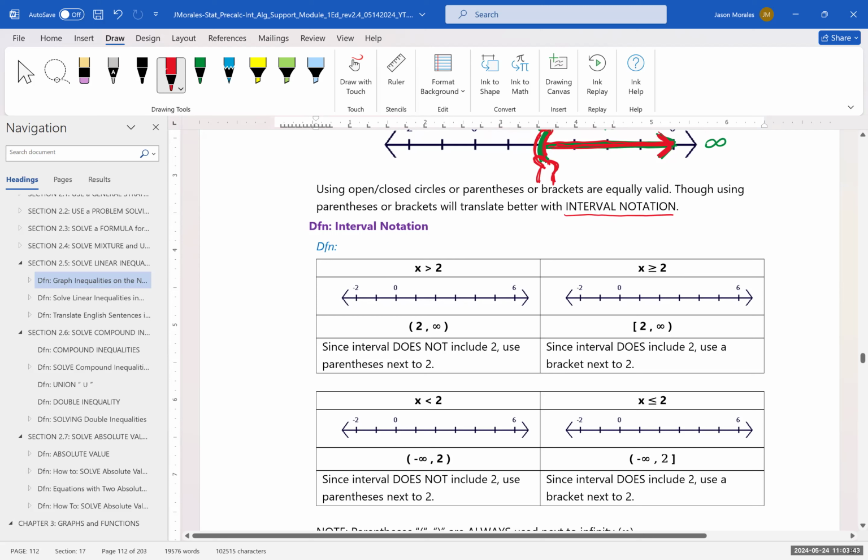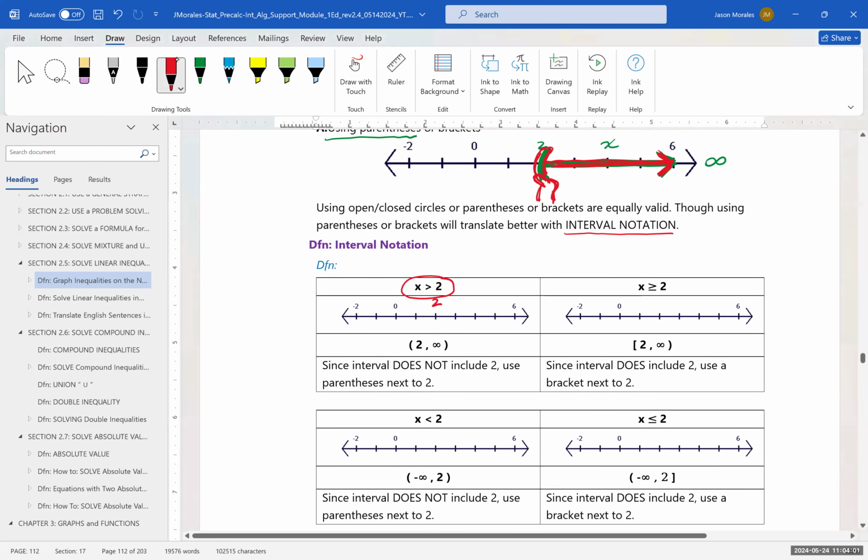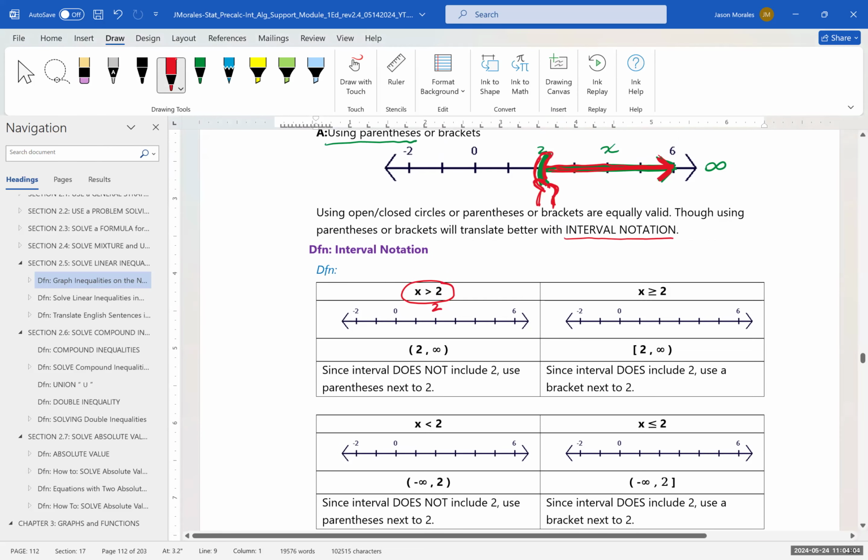We just gave an example of graphing the inequality x greater than 2. So here's 2 on the number line. To represent this with parentheses, let me use a different color.